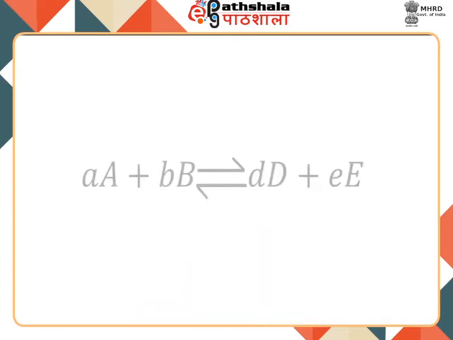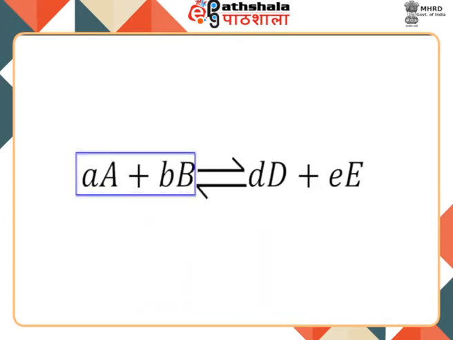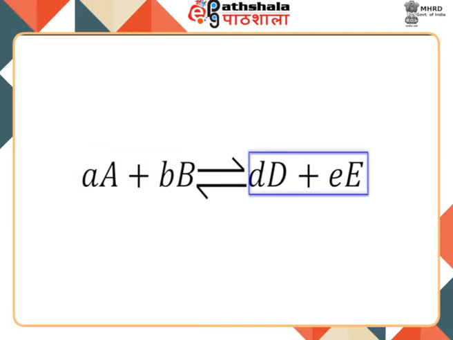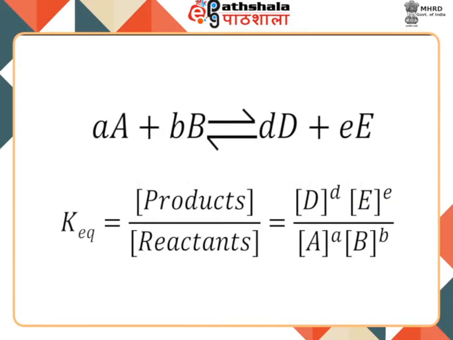equilibrium. For a reaction A plus B giving D plus E, with small d and small e as the stoichiometric coefficients, the K equilibrium can be given by the concentration of products divided by the concentration of reactants.